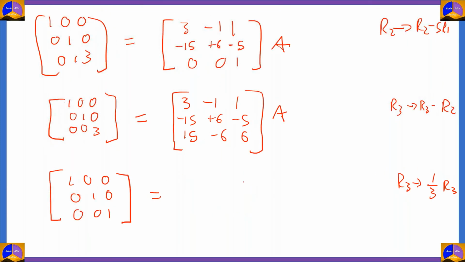So then what happens here? 3 minus 1, 1, minus 15 plus 6 minus 5, no change so far. Over in the third row, 15 by 3 is 5, minus 6 by 3 is minus 2, 6 by 3 is 2, times A. And so that is I. And to find I, what we do is we multiply A by its inverse.